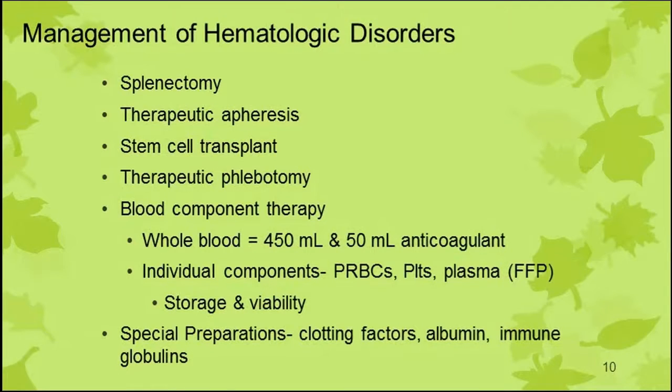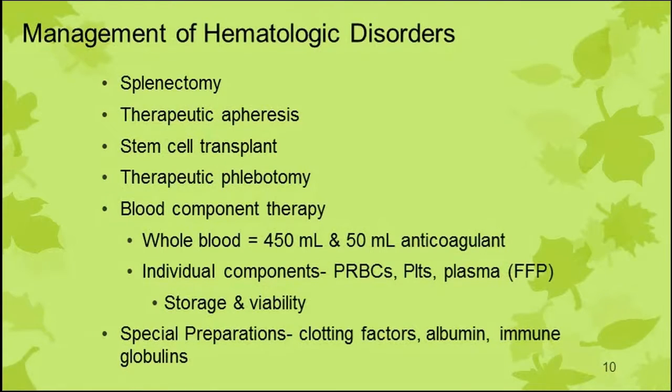Plasma has to be kept frozen. Plasma and FFP is the same thing. FFP stands for fresh frozen plasma. So it must be kept frozen at all times until we're ready to give it. In terms of viability, we're going to discuss that more when we get into administration of blood components.